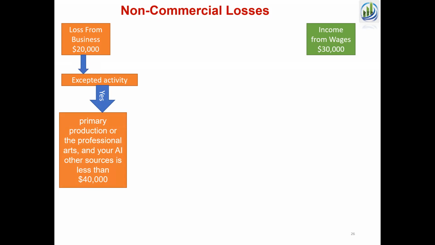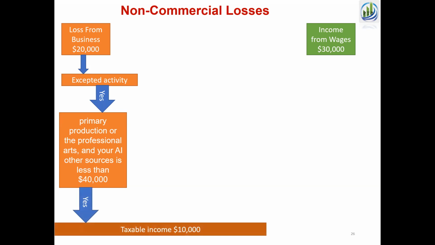So if you are in that industry and your other assessable income is less than $40,000. How much other assessable income do we have here? $30,000. So if your other assessable income from other sources is less than $40,000, you can say, yes, my taxable income will be $10,000. It means you can deduct. What is the condition here? You must have a primary production business that made a loss, or a professional arts business, and your other income should be less than $40,000.